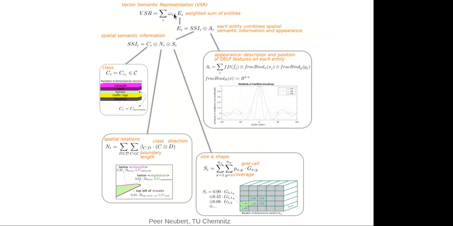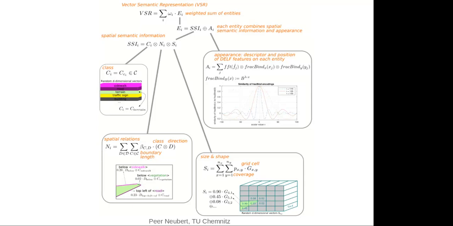Each entity is computed by two parts, which are bundled: a spatial semantic segmentation part with information about the class, spatial relation, and size and shape, and this appearance part, which is basically the HDC DELVE approach, but now implemented with the FHRR architecture.